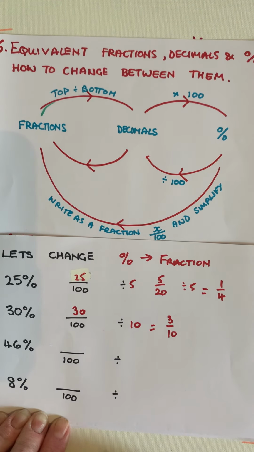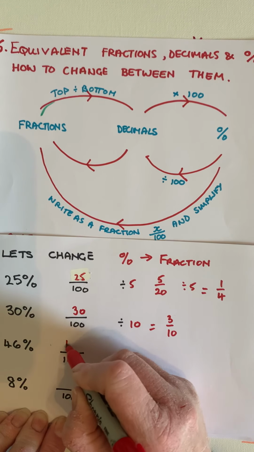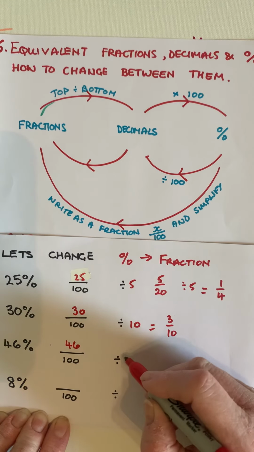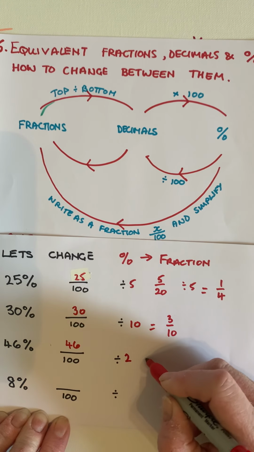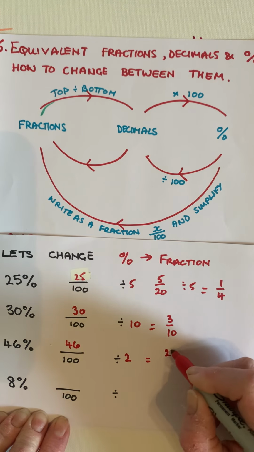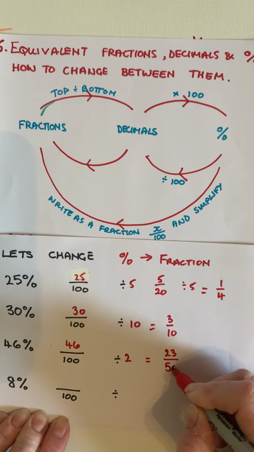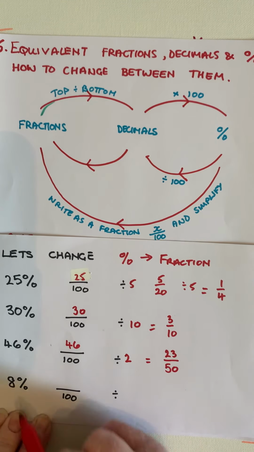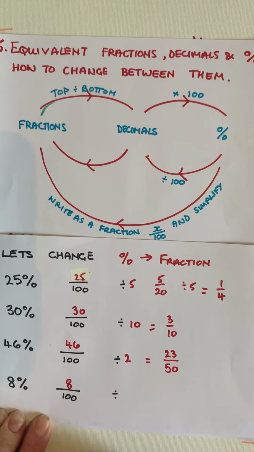It cannot be simplified. 46%, so that's 46 out of 100. 46 and 100 are both even numbers, so I can divide it by 2, and I will get 23 out of 50. So 23/50 is the final answer. Then we have 8%, so that's 8 out of 100.